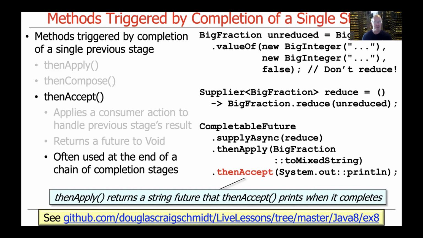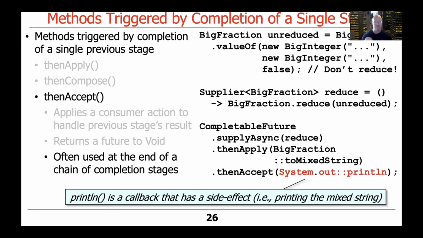And then the final thing we do in that chain is we take that mixed string and we go ahead and accept it. And the action that's passed to accept in this case is the println method, which has the side effect of printing the result. So System.out::println is a method reference that's going to have a side effect. It's a callback, effectively, that has the side effect of printing the mixed string to the standard output.